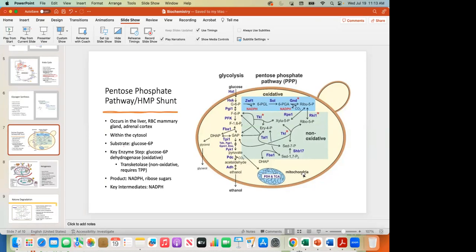When you have a decrease in NADPH, especially in red blood cells, which is where this process occurs, that can lead to hemolytic anemia because you don't have adequate red blood cell defense against oxidizing agents.